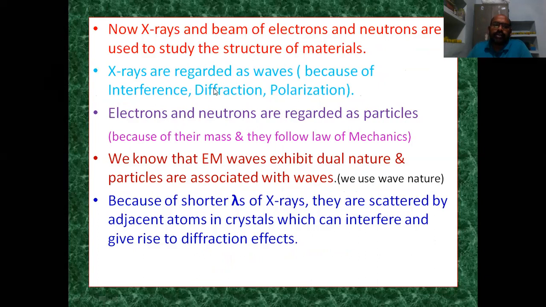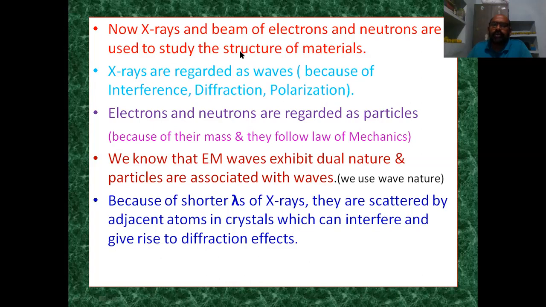Okay, so we know that X-rays are also electromagnetic waves, and the electromagnetic waves exhibit dual nature, sometimes particle nature and sometimes wave nature. In a similar way, X-rays sometimes exhibit wave nature and sometimes exhibit particle nature also. Basically, these are waves. We treat them as waves because of the major effects of these phenomena.